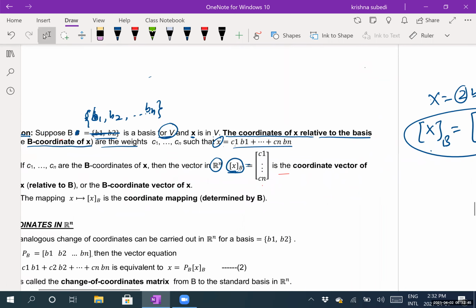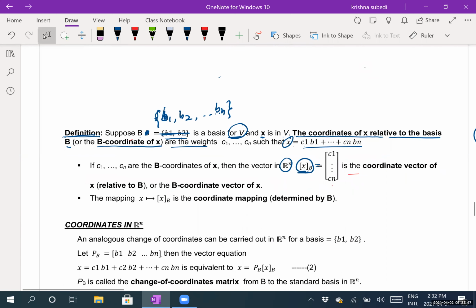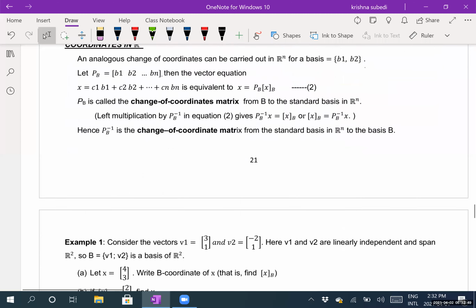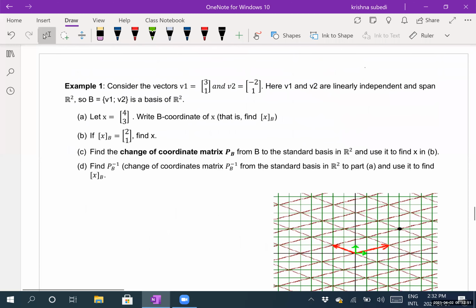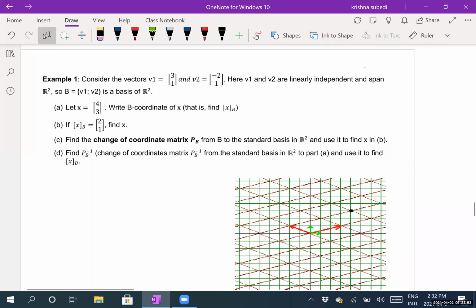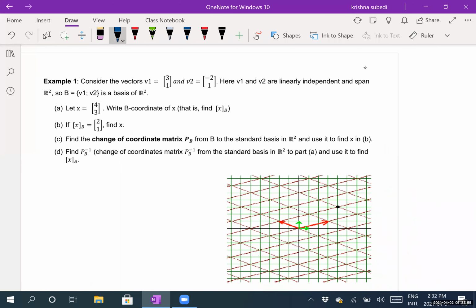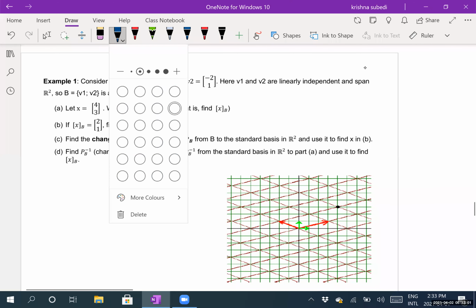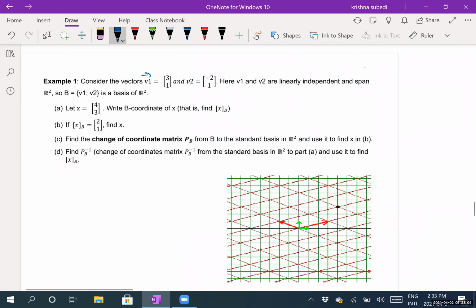Now, let us look graphically at what it means. Here is one example. Consider the vector V1, which is given by 3 and 1. And V2 is another vector given by -2, 1.